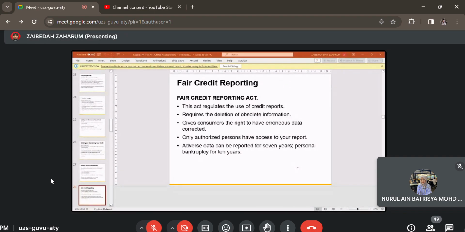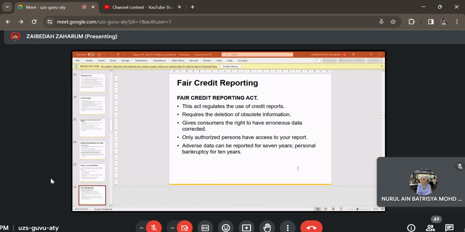Selain daripada itu, pemberi pinjaman peribadi. Di mana syarikat pinjaman peribadi pula ataupun pinjaman kredit mikro juga memerlukan kredit report lah untuk menilai kelayakan pelanggan-pelanggan mereka dan menentukan syarat pinjaman seperti berapa interest yang dikenakan. How long the interest, how long the loan tadilah, tempoh the loan payment lah.